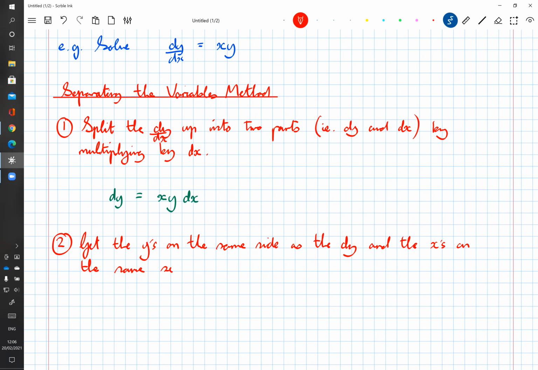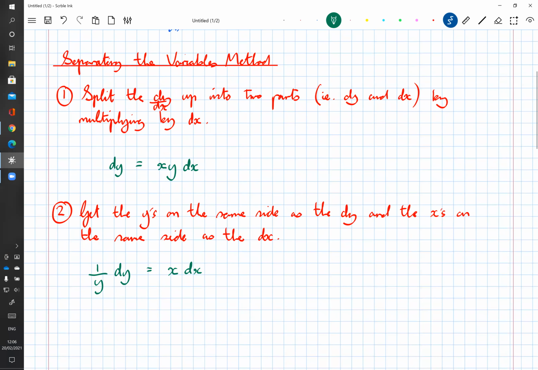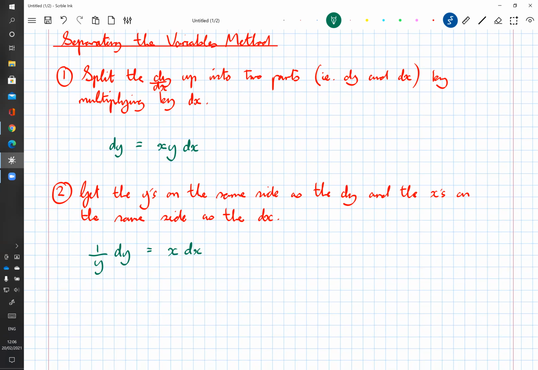And in this case, we can do that by dividing by y. So dividing by y, we get 1 over y dy equals x dx. So far, so good.